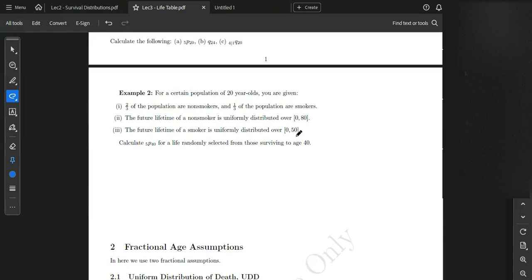But if someone starts at 40, then the highest value is 40 plus 50. But in here, for a non-smoker, it says 0 to 40. So we have to assume that. So for this period also it's beginning at some point of the life. So you may see that the starting point is important in this case.